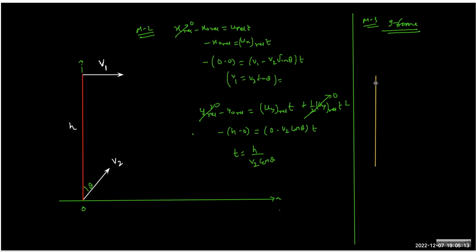We all know that both will have the same acceleration equal to G. So if I have a third observer with the same acceleration as G, in that frame, what will not be present for these two particles? Acceleration. So there is no acceleration, isn't it? And if there is no acceleration, what will happen? They will move in a straight line.